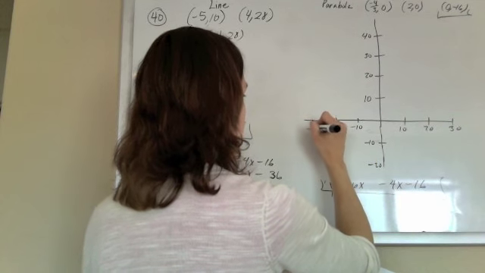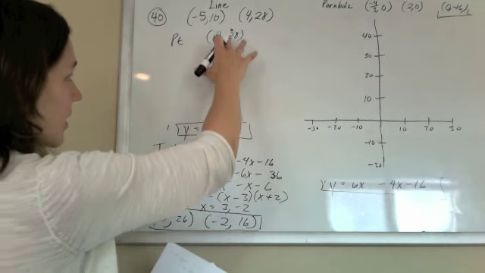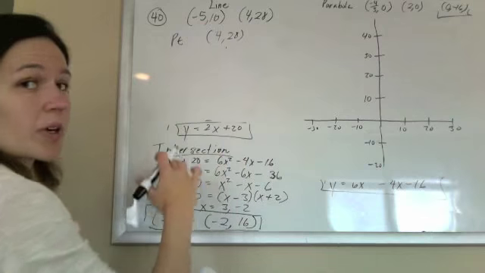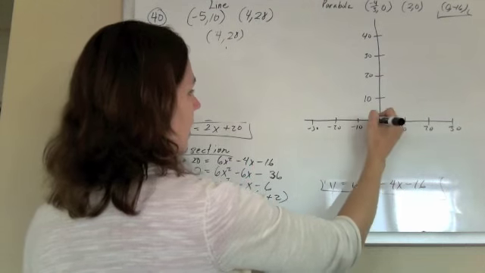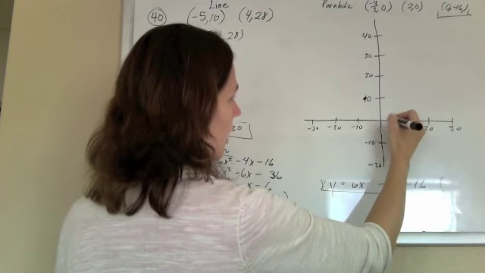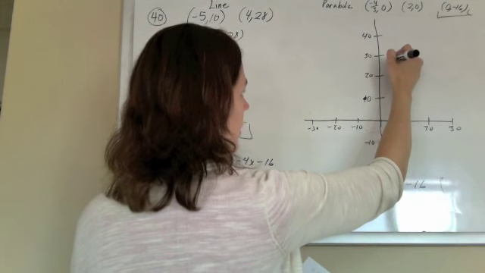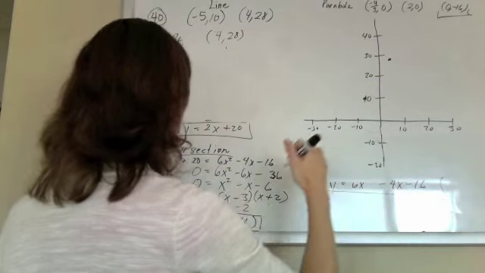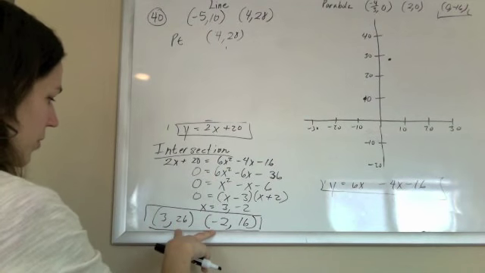All right. So for my line, all I really need are those 2 points to graph my line. So I've got negative 5 and 10 and 4 and 28. And I also know that they should both go through these points here.